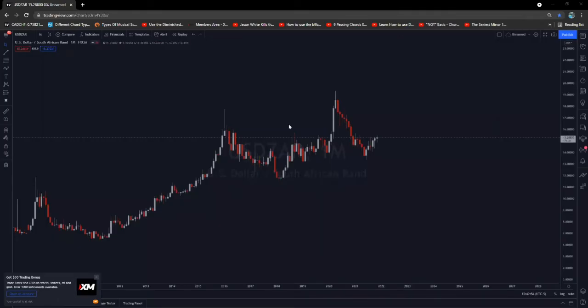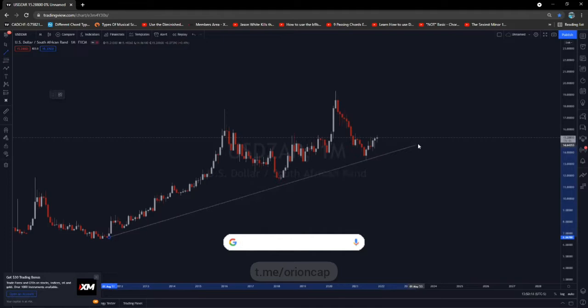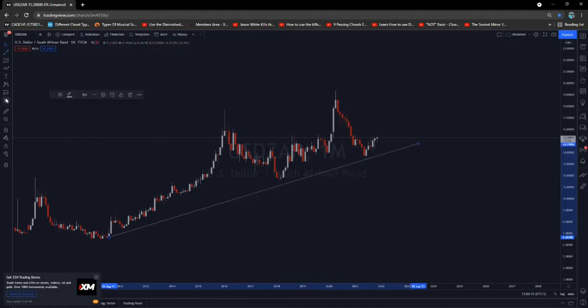If we can all agree on one thing, is that USDZAR is on a long-term uptrend, right? So what I identified when I gave my analysis in the Telegram channel, which by the way, the link to it is in the description box below, I identified this, right? Let me just zoom in.